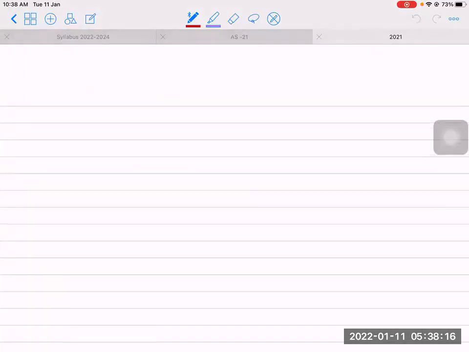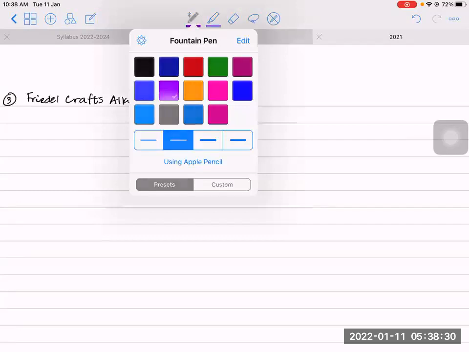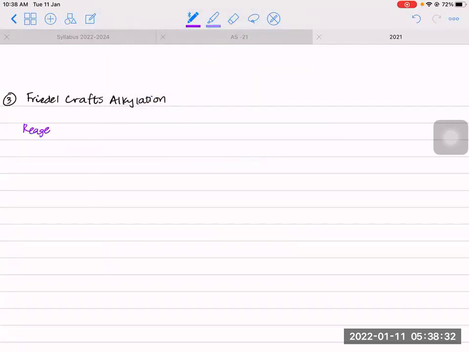Now, let's see alkylation and acylation. So let's see Friedel-Crafts alkylation. What will be your reagent? So the reagent for Friedel-Crafts alkylation would be, let's take chloroethane. That means which group do you want to attach to substitute on the benzene ring? Ethyl group.